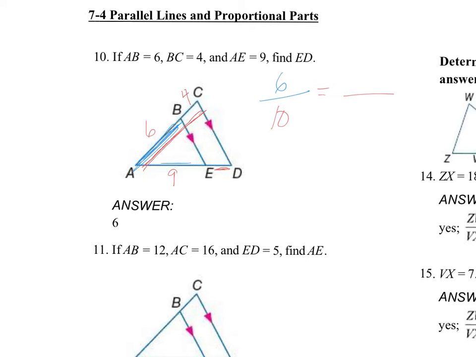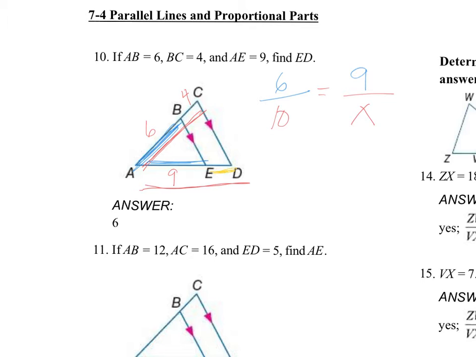And then we're going to look at this part here, which is 9, and it's going to be proportional to this whole part here, which we're going to call x. And then when we find that x, we will use it to find this part here that we are looking for.